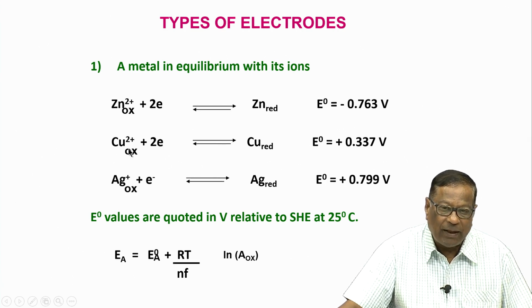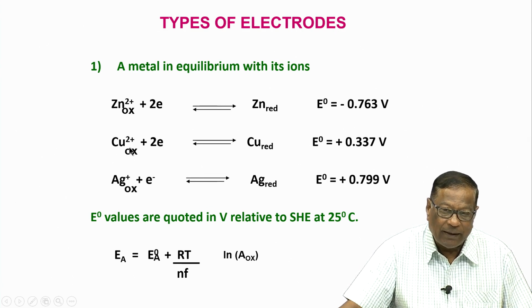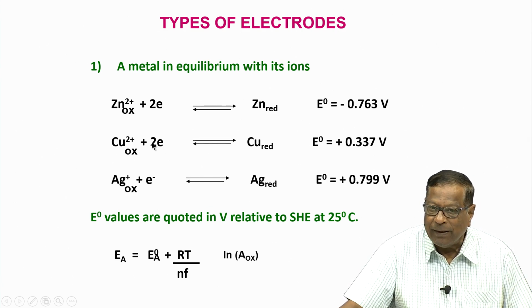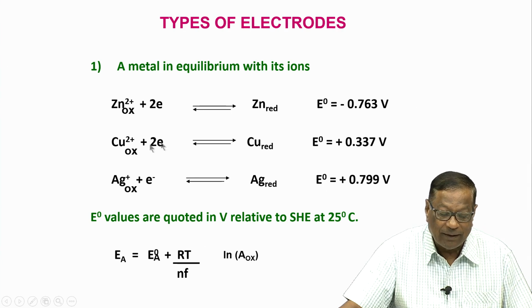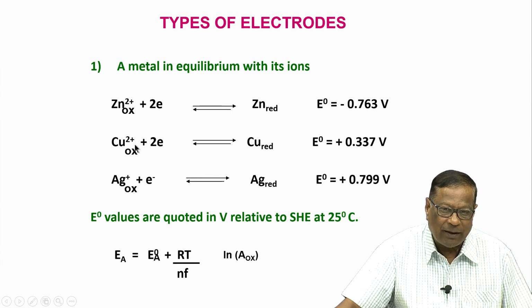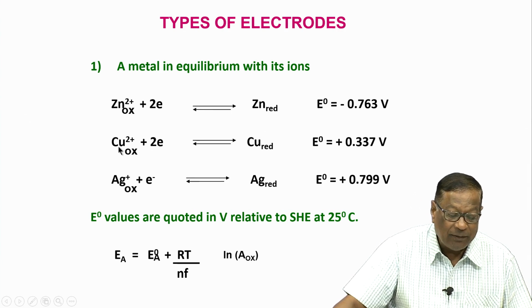Similarly, I can take a copper ion solution and reduce copper using an inert electrode, that is the standard hydrogen electrode. And what reaction takes place in that case?